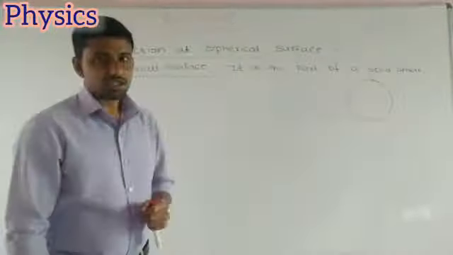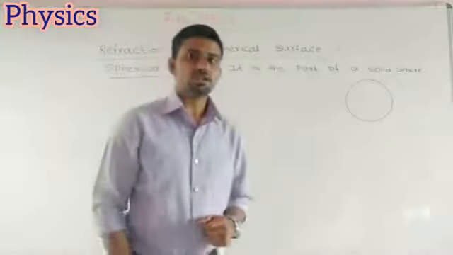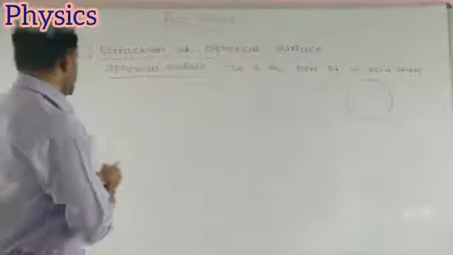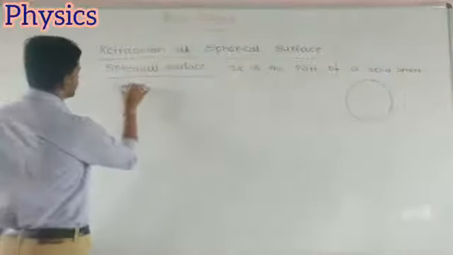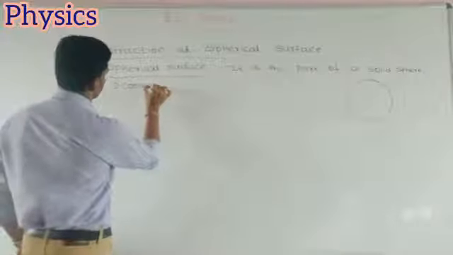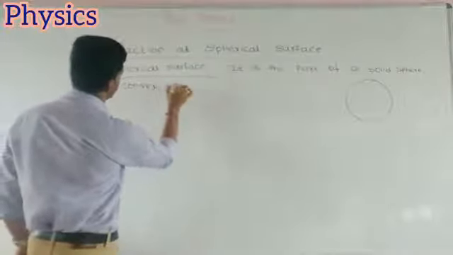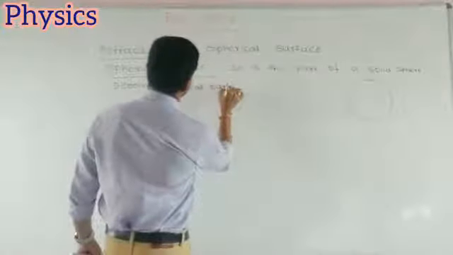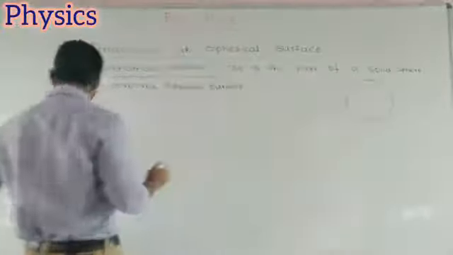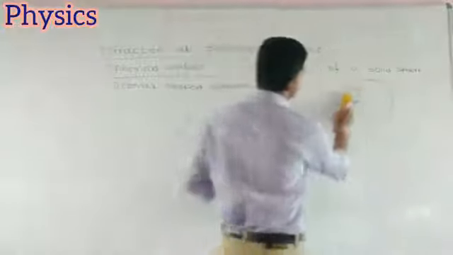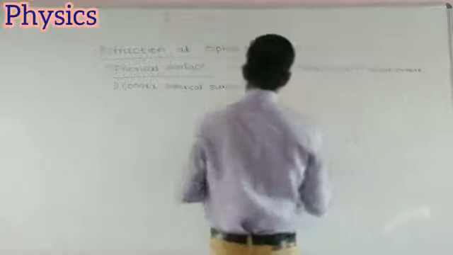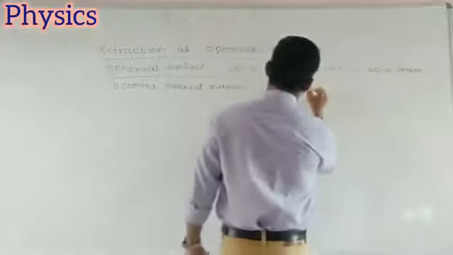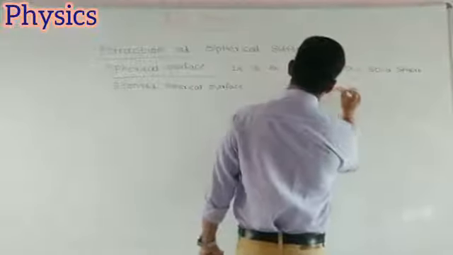Understood? In spherical surfaces, there are two types. The first one is the convex spherical surface, and the second one is the concave spherical surface.